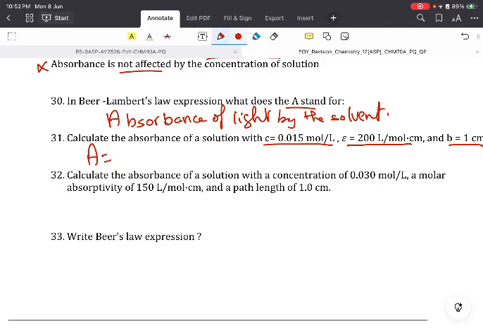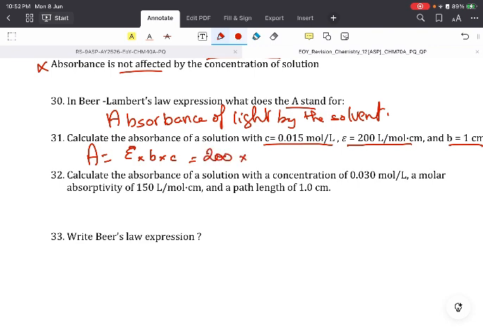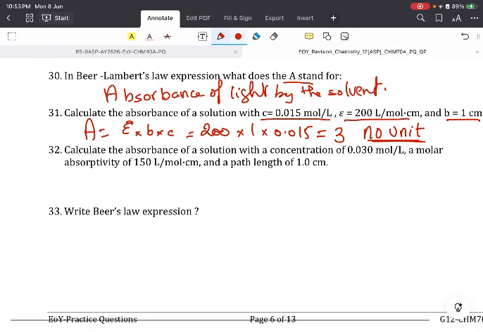So absorbance is absorptivity times B times C. So it is 200 times 1 centimeter times 0.015. So this is going to be 3. Absorbance has no unit.